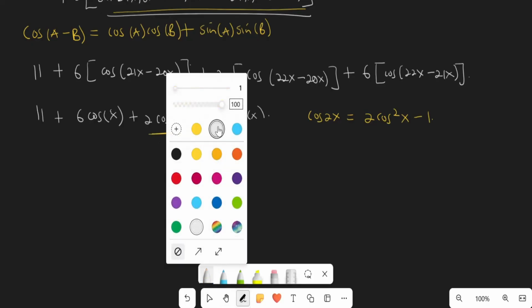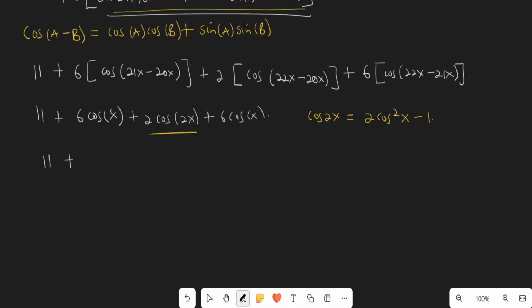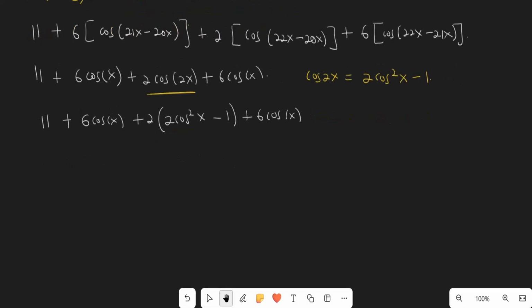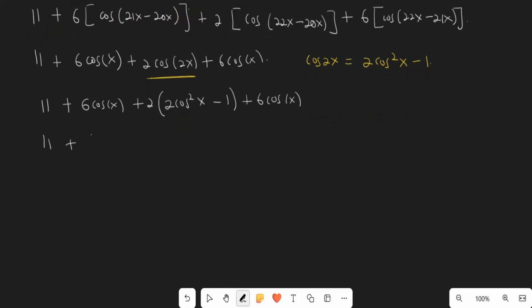So our integrand is now 11 plus 6 cosine of x plus 2 into cosine of 2x, which can be written as 2 cosine square of x minus 1, plus 6 cosine of x. So we have 11 plus 6 cosine of x plus 4 cosine square of x minus 2 plus 6 cosine of x.